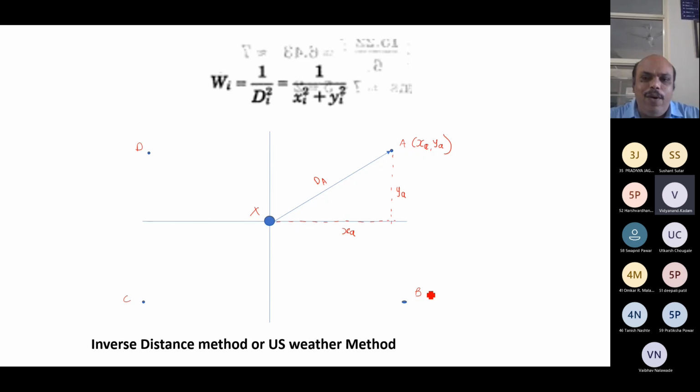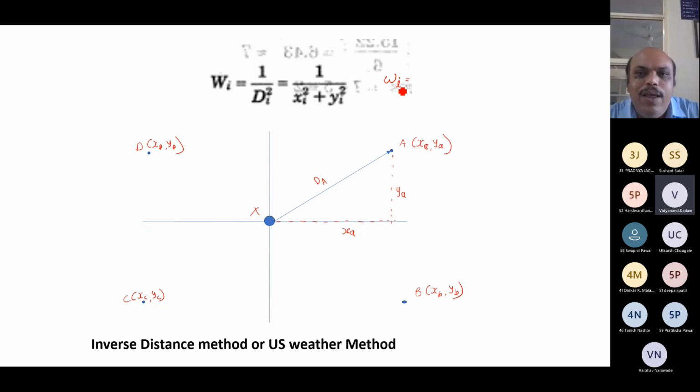Similarly, we can find XB and YB for B, XC and YC for station C, and XD and YD for D. Now when we have to calculate Wi for each station, how do we calculate? Wi is equal to 1 upon Di square.